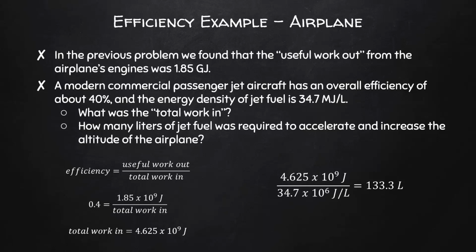We can simply take the total energy in and divide it by the energy density of the fuel. 34.7 megajoules per liter is 34.7 times 10 to the 6 joules per liter. We can find that it took 133.3 liters of jet fuel to accelerate the airplane and increase its altitude.